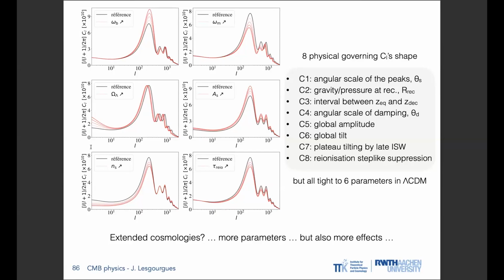But the ellipse is very elongated, meaning that in your parameter space, if you have curvature, there is one direction where you can still do a measurement, but it's extremely imprecise. And the reason is effect C7, the late integrated Sachs-Wolfe. This effect occurs in the region where the cosmic variance is the largest, so you can never measure it very well.